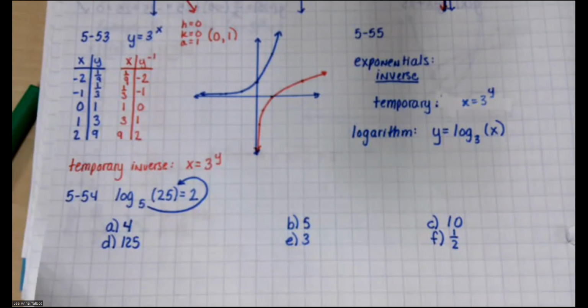That means whatever the base is there becomes the little baby number here. You don't have to think about anything else. You know it's going to be y equals, because that's what we do. All you have to do is take the base of the exponent and put it in the little baby spot, which is called the base of the log. So this is the inverse of that.